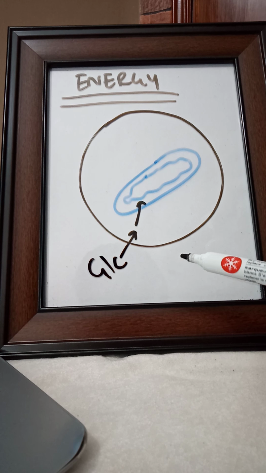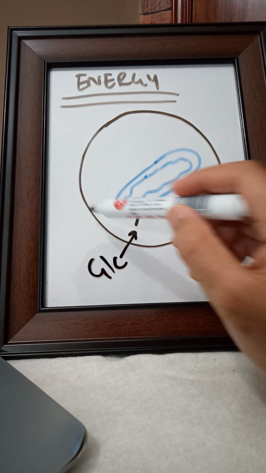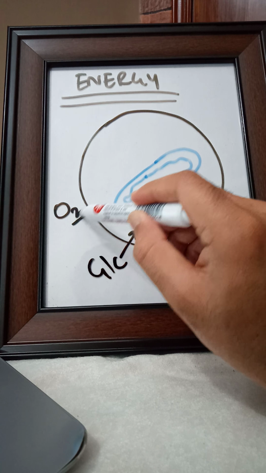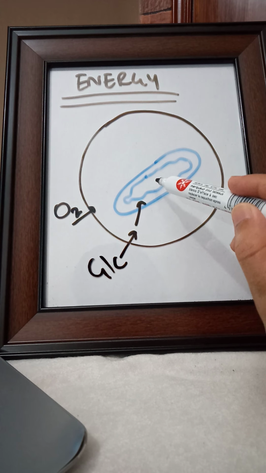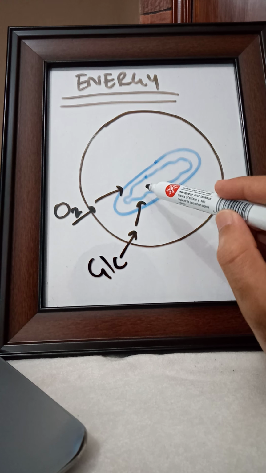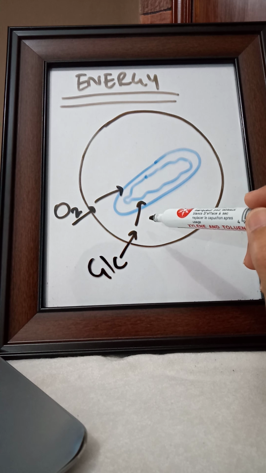Of course, in order to burn this glucose, you also require oxygen. Of course, we are breathing and we are inhaling oxygen. So these two things enter into mitochondria, and then inside they react together to produce carbon dioxide and water.